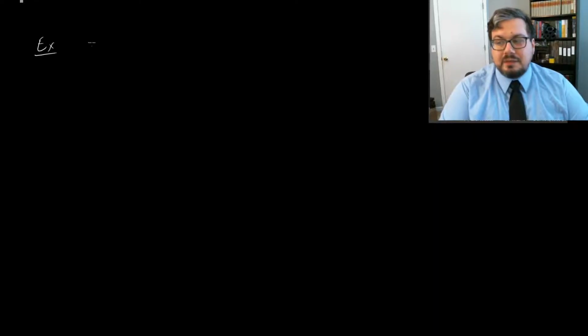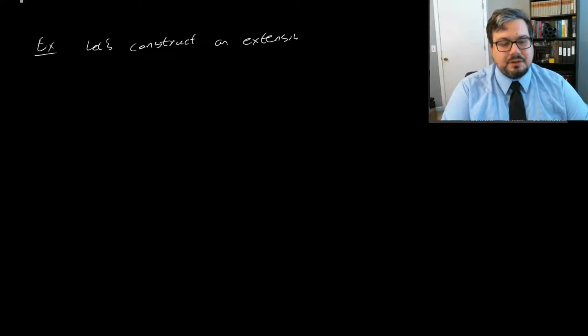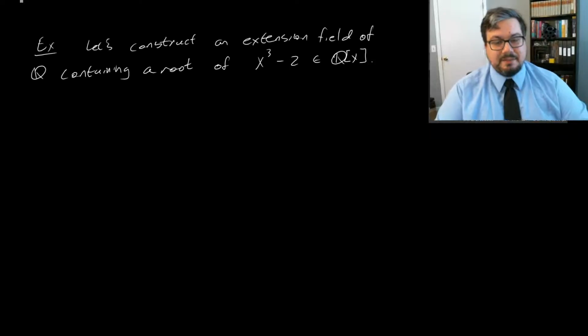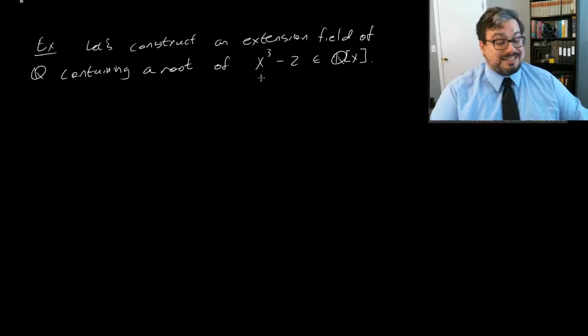So, for example, let's construct an extension field of Q containing a root of x cubed minus 2, a polynomial in Q adjoin x. Now this polynomial does not have any roots inside Q, but Theorem 157 tells us how to construct a field extension of Q in which this polynomial does have a root.